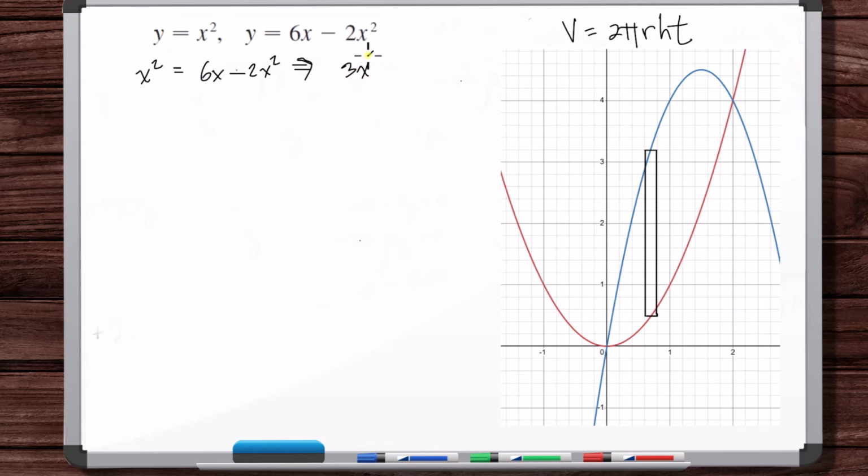You get 3x squared equals 6x. Now you don't divide by x. You want to solve it by doing 3x squared minus 6x equals 0. Factor out a 3x, and you get x minus 2 equals 0.